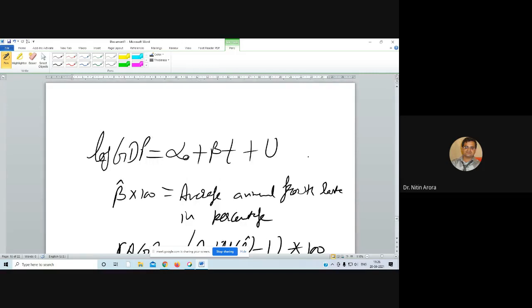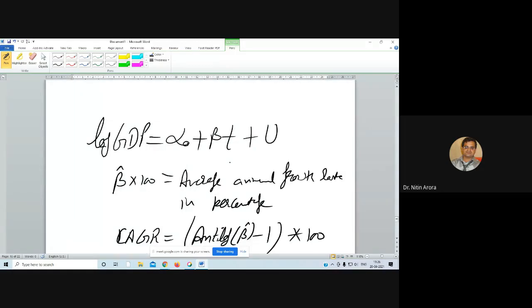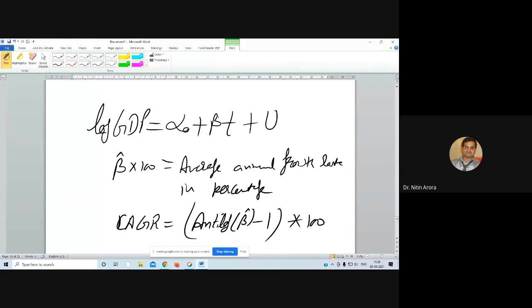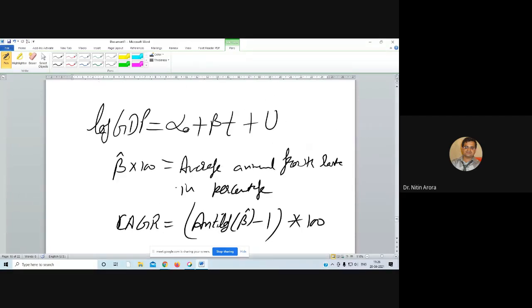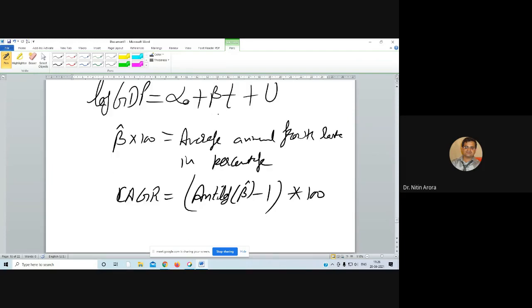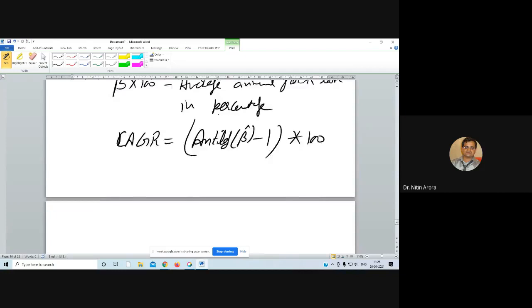Simply you regress, it's a semi-log regression: regress log of GDP on T. You will compute the average annual growth rate as beta cap. Take the anti-log of beta cap minus 1 into 100 and that will give you CAGR. Whether this growth rate is statistically significant or not, you can see from the Z statistic of this beta cap. If this is statistically significant, we say the overall growth rate is significant, otherwise not.